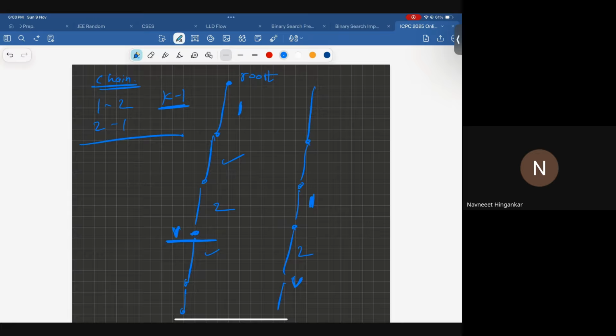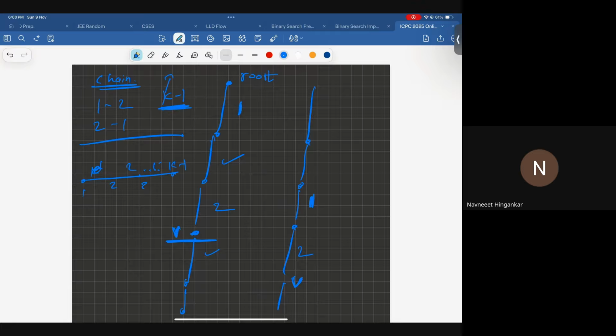And that is also very simple because my chain is fixed. Chain is basically a linear chain, whatever the 1, 2 combination, right? And k minus 1 edges. So 1, 2, up to k minus 1 edges. So these edges you are placing up to the depth of V, height of V basically, right? So let's say here there are 3 edges until V, and I need to place 2 edges.